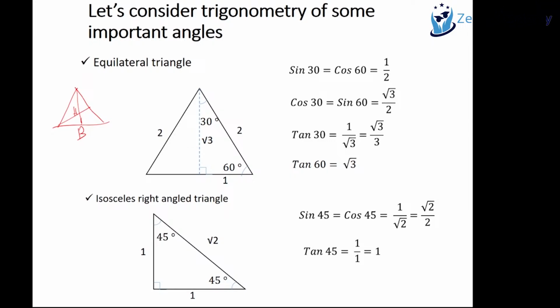Why are we bothered with these triangles? Because this helps us calculate the sine and cosine of the basic angles, which are the angles 30, 45, 60, 90, and 0.